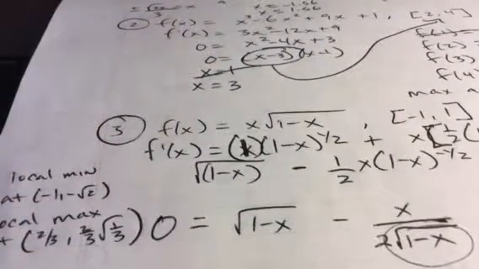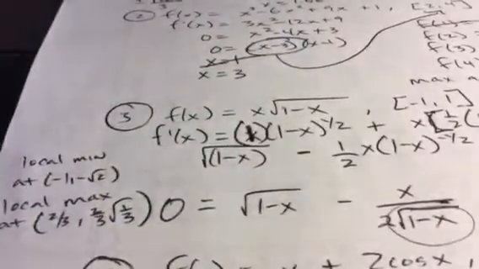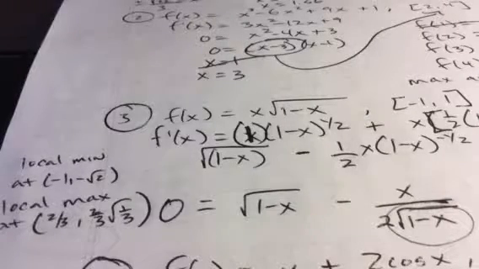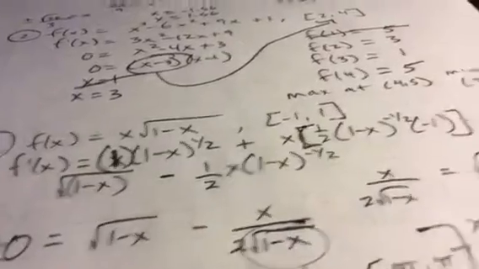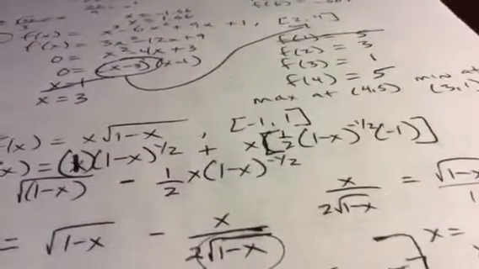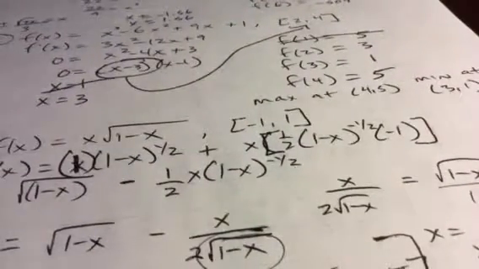Folks, here I did not rewrite it, but you know that the square root of 1 minus x is 1 minus x to the 1/2 power. I use the product rule here: derivative of the first, the derivative of x is just 1, times the second, plus the first times the derivative of the second. The 1/2 power comes on down, 1 minus x to the 1 less power, negative 1/2.